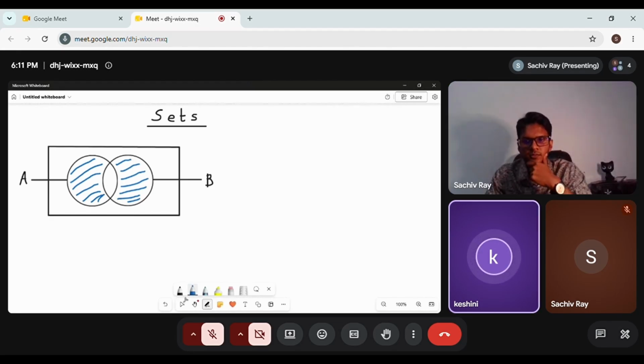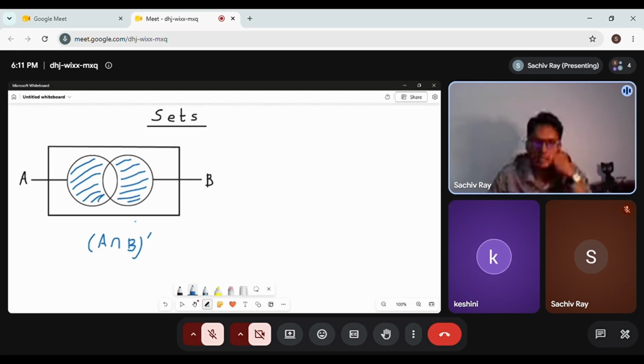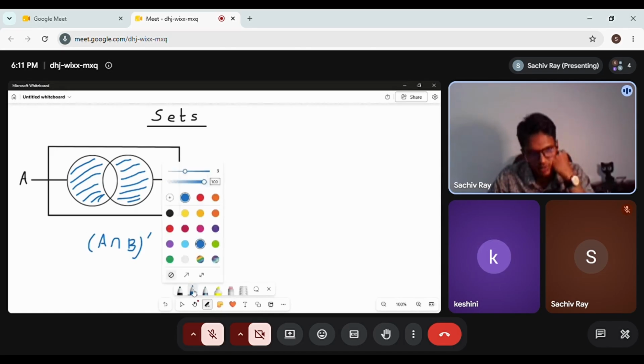So also A intersection B, the whole thing complement. Is that okay? Let's see. Now, complement means without this part. Now, which part is A intersection B? A intersects B, which is which part? This part, right? Yes, sir. So that's A intersect B.